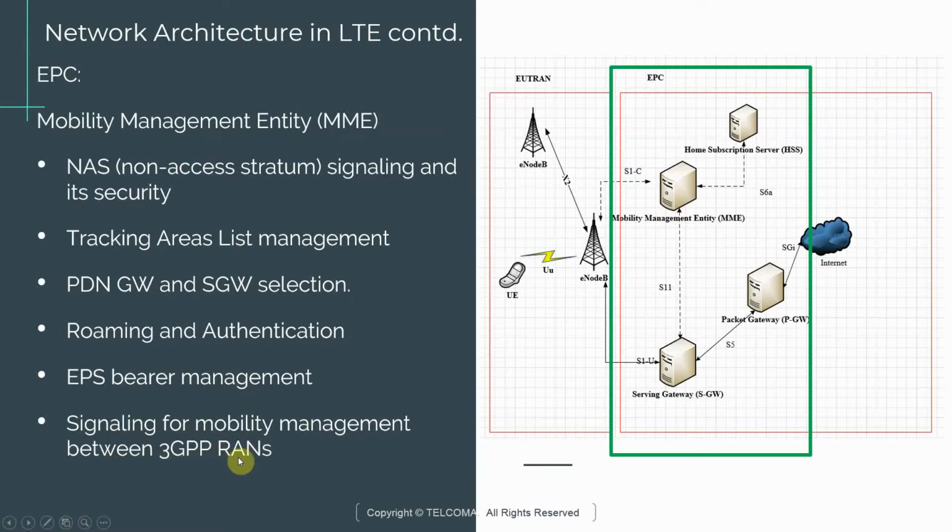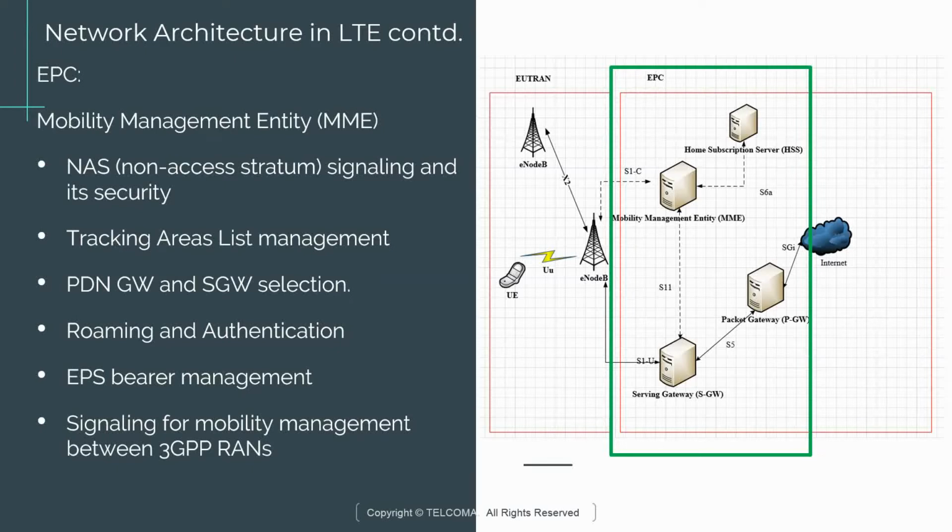Obviously, while we are building out 4G, we'll have 3G and in some cases 2G networks also, and there will be an overlap between these networks. So one of the MME's functions is that it controls the mobility as a UE may traverse between 3G and 4G. A good example would be, say you're watching YouTube on your phone, and you move into a 4G coverage area, whereas previously you were on 3G.